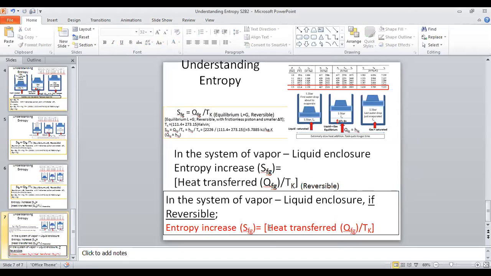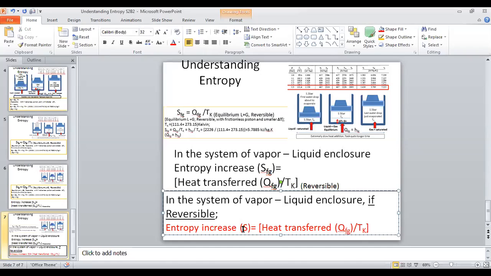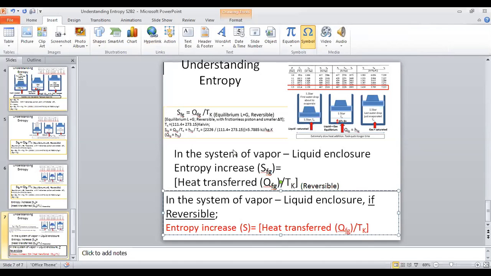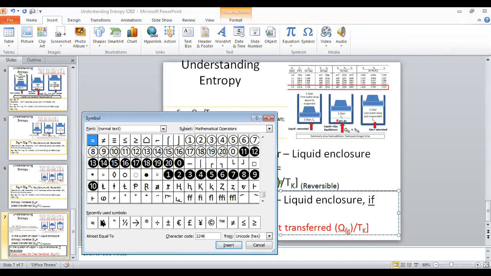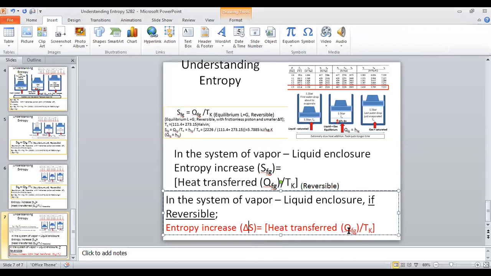The entropy increase is the heat transfer divided by T_K, so here it is S_FG by T_K. Instead of writing entropy increase, I put delta S. It's okay to put delta S.